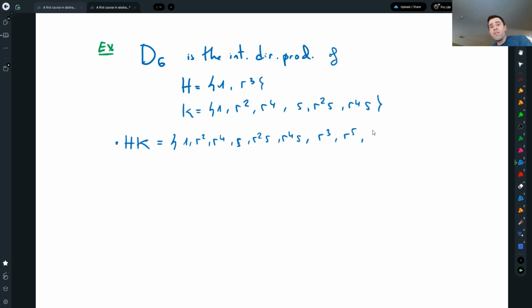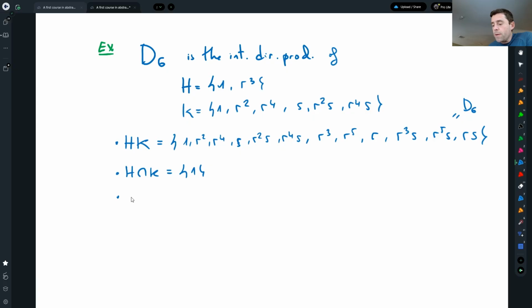That would be R to the 7, but R to the 6 is 1. So I get R. And then R cubed S, R to the 5 S, and again, R to the cube times R to the 4 times S is just RS. And then you see that I did get all of these 6, so it satisfies that condition. What's the intersection of H and K? The intersection is just 1. There's nothing in common other than 1.